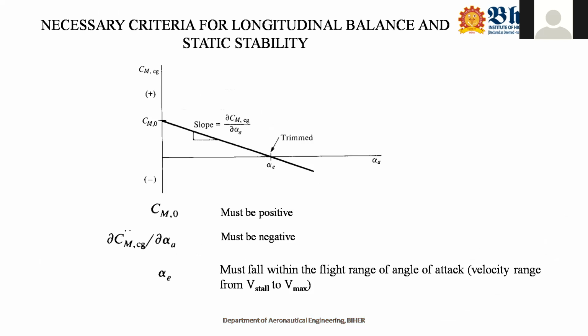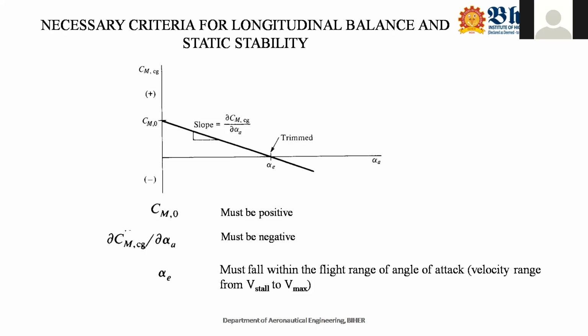So how about the criteria, the necessary conditions for longitudinal static stability? The first one is Cm naught should be positive and the slope dCmCG by d alpha A must be negative. It should be the lift curve slope, lift moment curve slope should be negative.